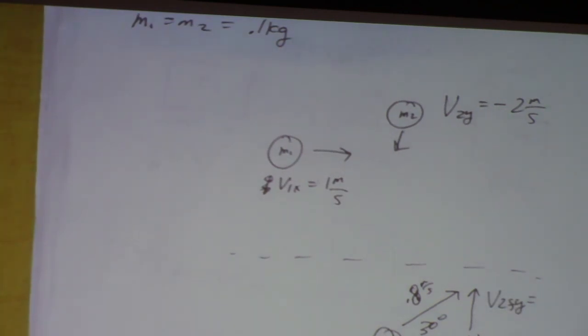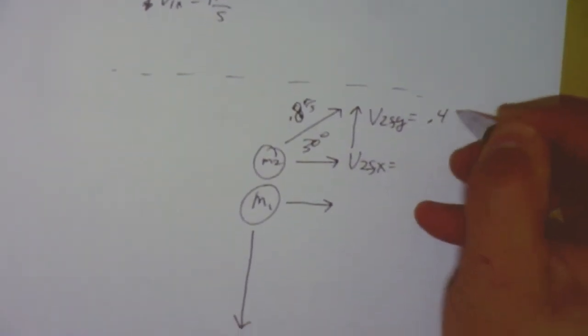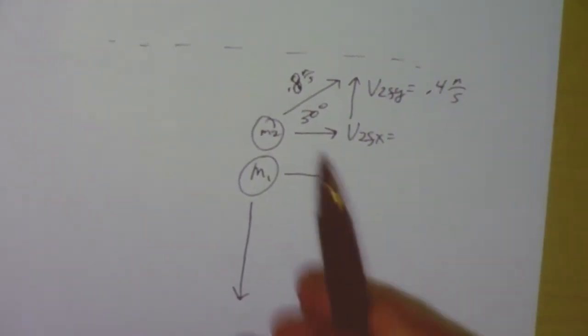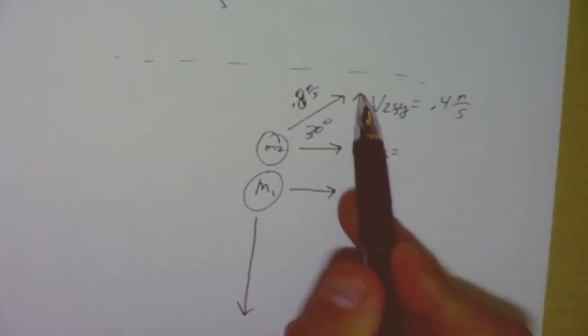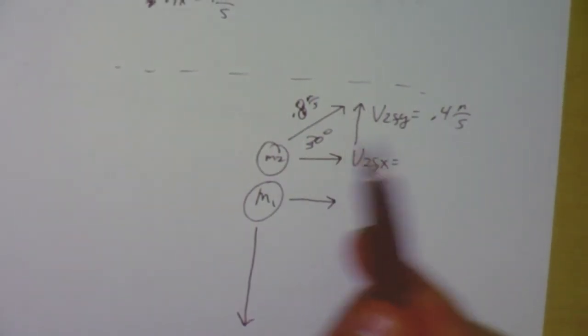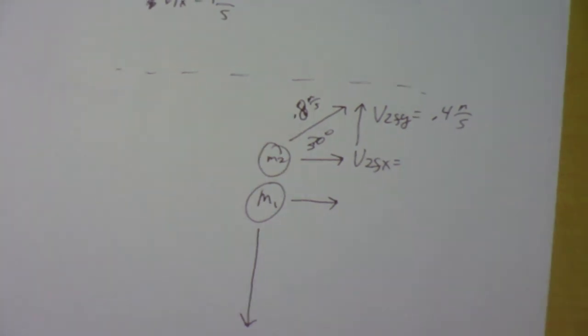Okay, so I think that this is something like 0.4 meters per second. We have an angle, we have the hypotenuse. For this part, we could use the sine of theta to get that. I know the sine of 30 is a half, so that's how I have 0.4.